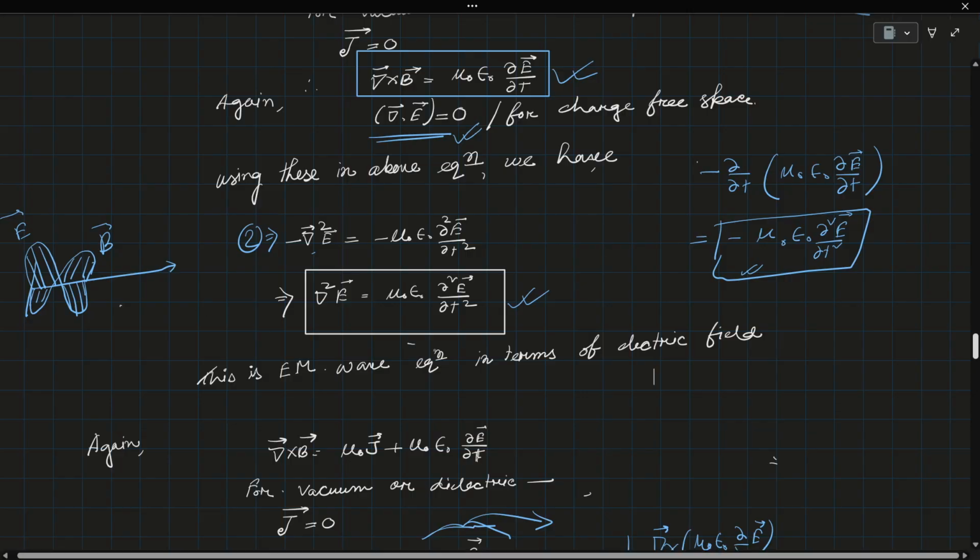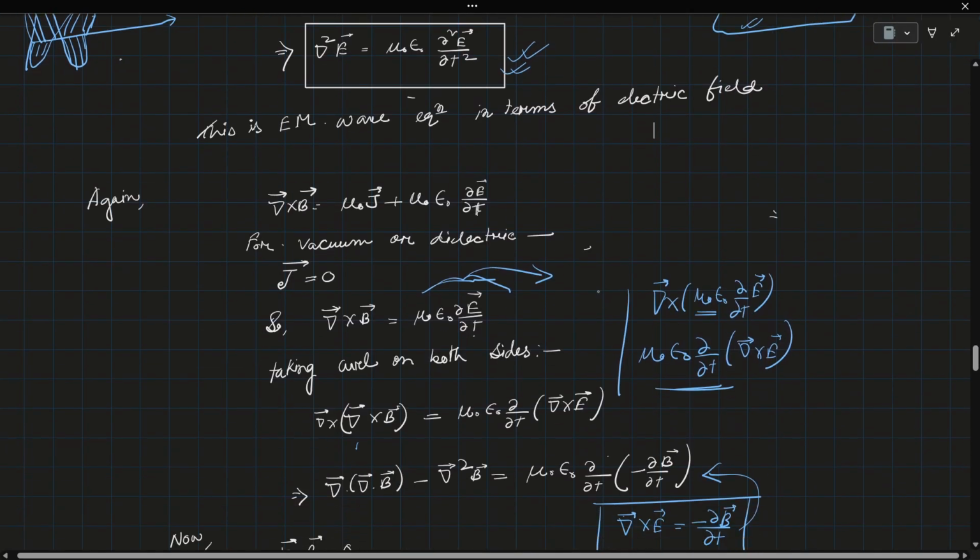The electromagnetic wave equation can be written both in terms of the electric field and in terms of the magnetic field. If I write it in terms of the electric field, it will look like this. But if I want to write it in terms of the magnetic field, how will it look? Let's proceed further.